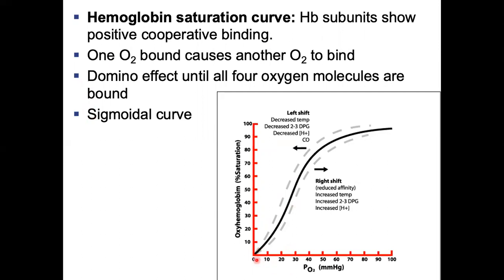So take a look at your curve. Notice this is pressure of oxygen, so it's in millimeters of mercury, right? So PO2, pressure of oxygen in millimeters of mercury. This is oxyhemoglobin, or percent saturation of hemoglobin with oxygen, right? So is the x-axis the dependent or independent variable?